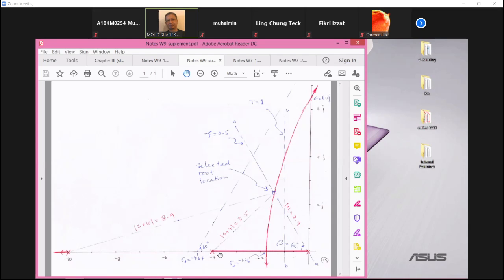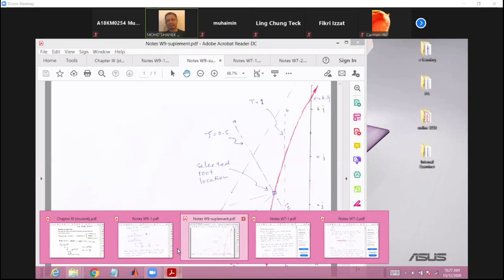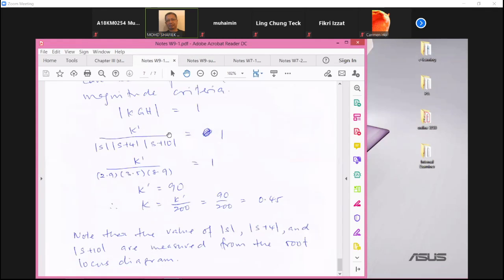The distance from negative 4 to your point s is going to be the magnitude of s plus 4. You can measure that, or you can compute that as well. If you draw this to scale, you can just measure that. So I measure it to be 3.5. The magnitude of s is 2.9. And then we need another one, s plus 10. This is s plus 10.